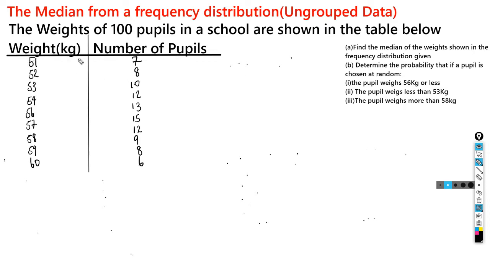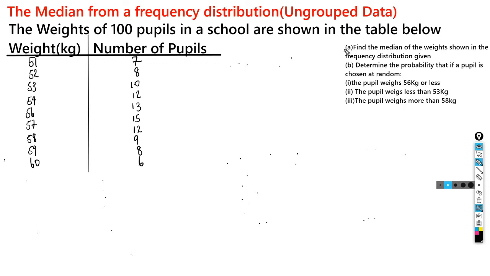The weight is 51, 52, and so on. The number of pupils whose weight is 51 is 7. The number whose weight is 52 kilograms is 8, and so on, right? And it says here, find the median of the weight shown in the frequency distribution given, right?